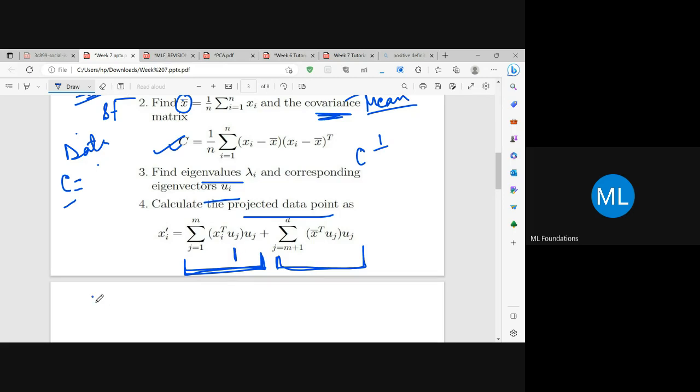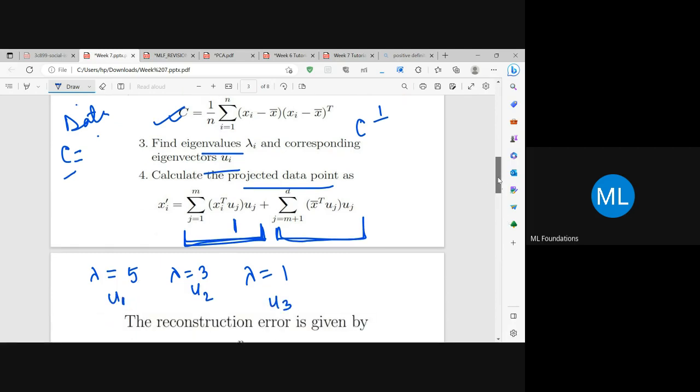For example, you got eigenvectors 5, 3 and 1. So this would be your first vector u1, this would be u2, and this would be u3. Why is this the first vector? Because this corresponds to your maximum eigenvalue. So this is your principal component, the first principal component, right?